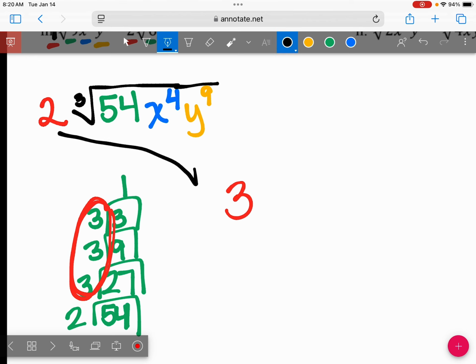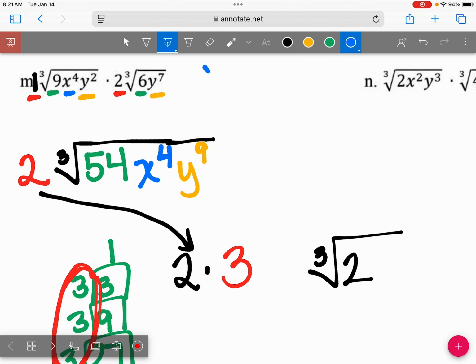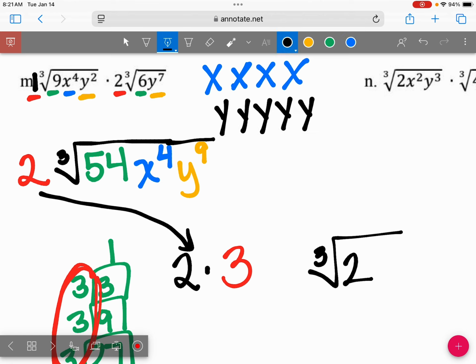Now that 2, that's still on the outside. That hasn't moved. But now I'm bringing a 3 outside with the 2. We had 1 that has to stay. So that 1 two has to stay because it didn't have 2 more friends, so it could leave. And then we have x to the 4th, so that would be 1, 2, 3, 4, and then y to the 9th. Go ahead and circle your triplets.